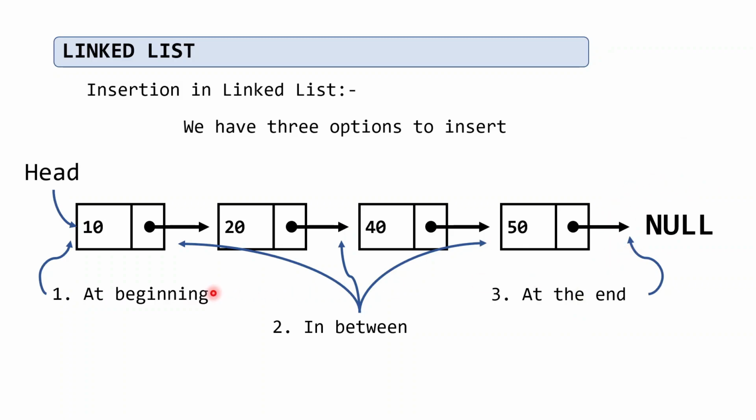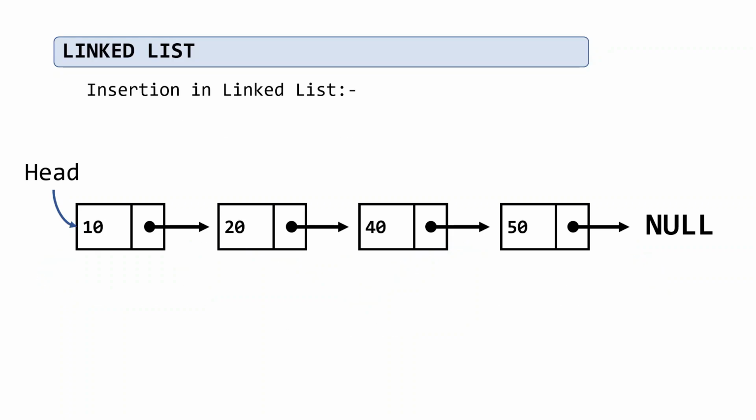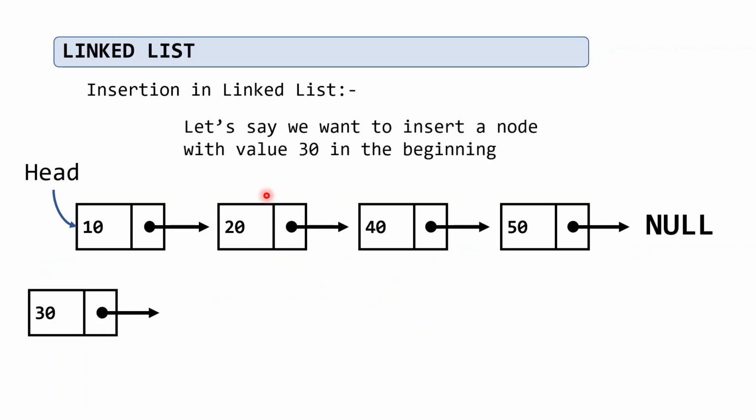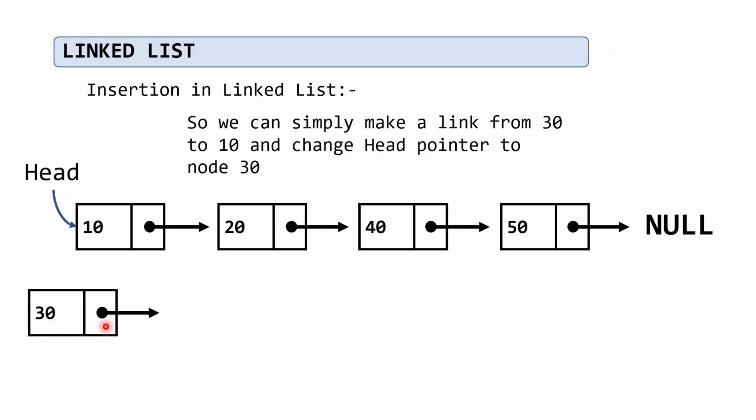Let's say first of all we consider the case when we want to insert data at the beginning. Let's say we want to insert a node with value 30 in the beginning. How can we do that? For doing this, we can create a link from node 30 to this node 10, something like this.